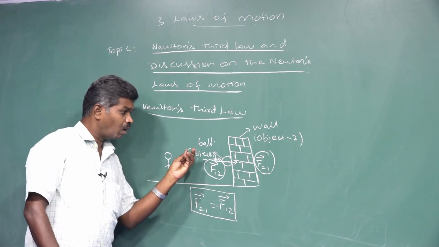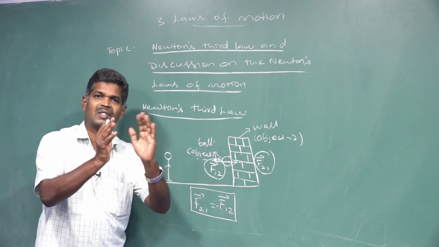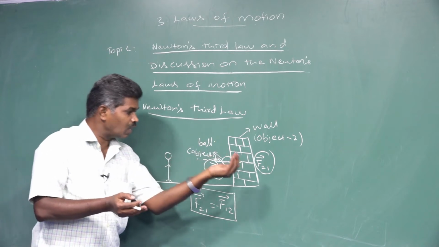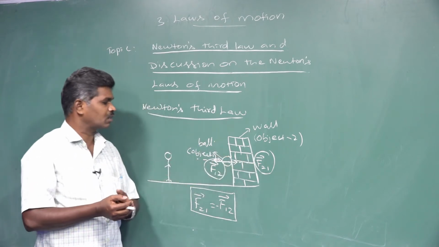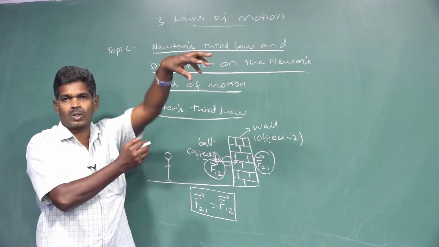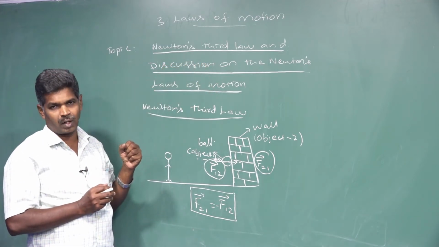If the ball exerts a force on the wall, it may be called the action. At the same instant, the wall also exerts a force on the ball. Due to that action on the wall, there is a reaction on the ball.